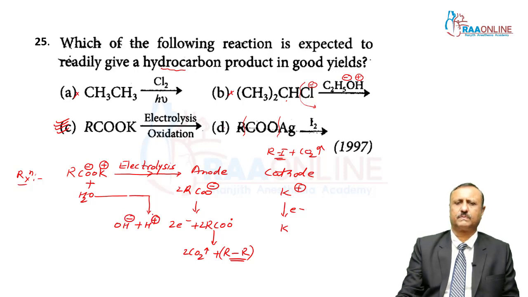My dear students, see, these H plus ions go to the cathode and liberate hydrogen gas at the cathode, and these OH minus ions give electrons and convert into water, and oxygen is also liberated. So in this way, you can get oxygen and hydrogen at the anode and cathode respectively. You can also get this hydrocarbon RR at the anode, and this is the process in which hydrocarbons are produced. So the answer is C.